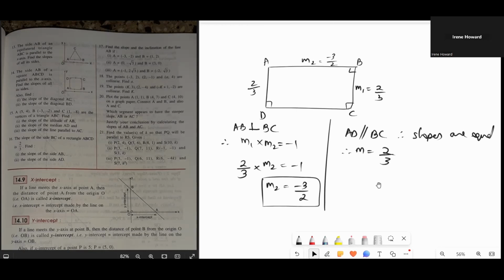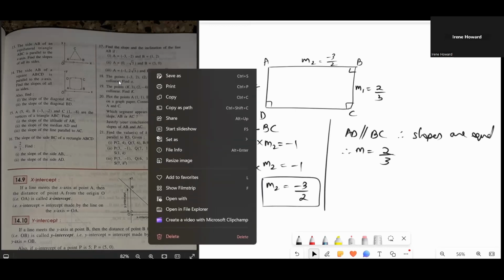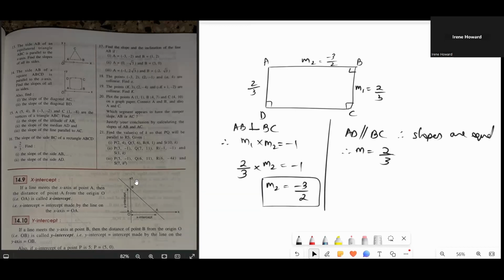Give a reason and write it. Any other doubt? Shall we go to the next topic?